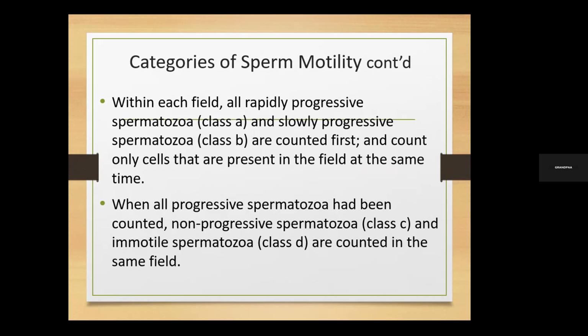You don't take one field and do the reporting there. You take several fields. You count only cells that are present in the field. Once you do that, you don't conclude from just one field. You go to other fields, and then you can find an average movement of the classes of the sperms. I'm hoping that once you practice, you should be able to do it properly.